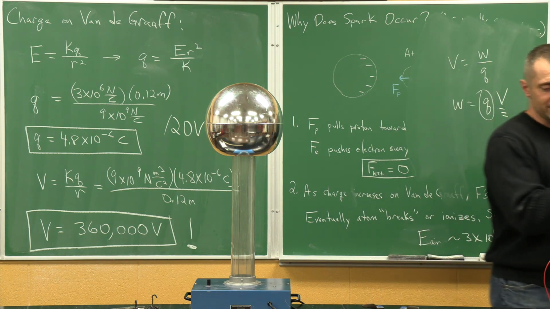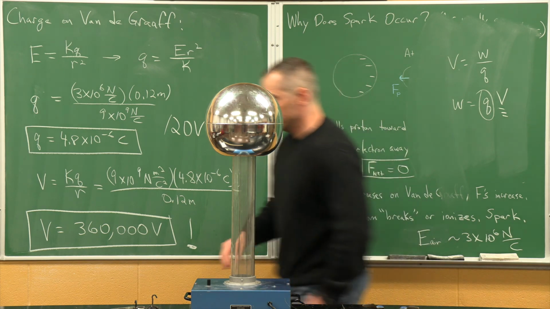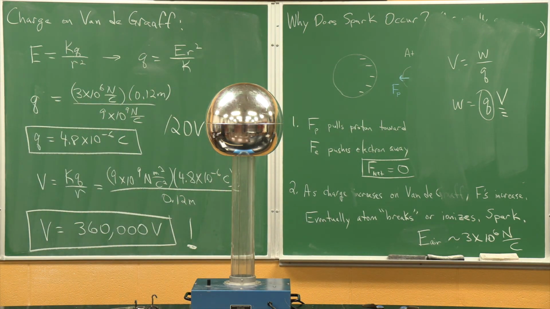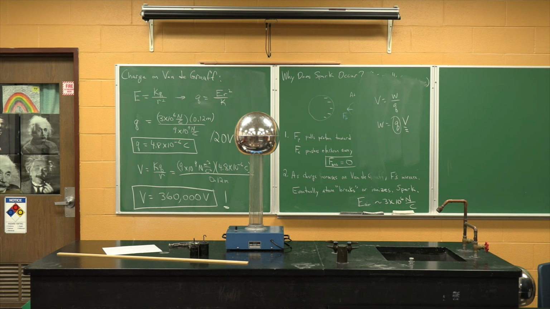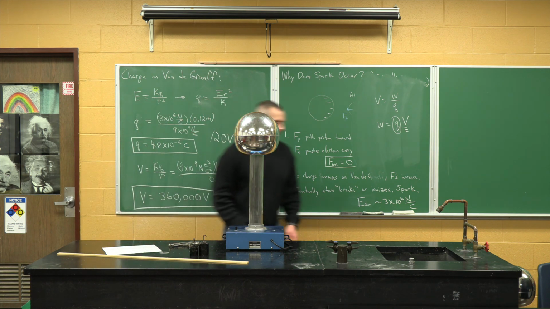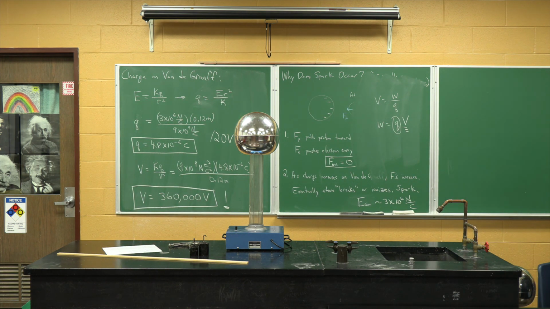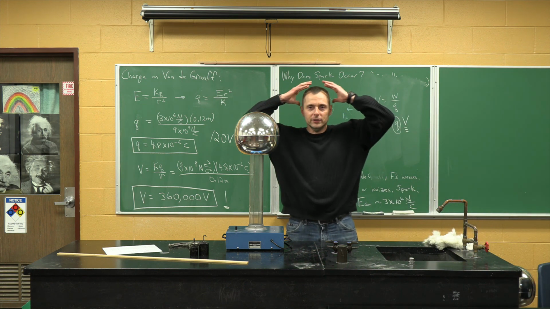Another demonstration that's popular with the Van de Graaff, I'll just show you, and I'll have to zoom out a little bit. Let's see. That should be good. It's the classic demonstration, charging yourself up and allowing your hair to stand on end. And what that shows nicely through your hair is the electric field lines.